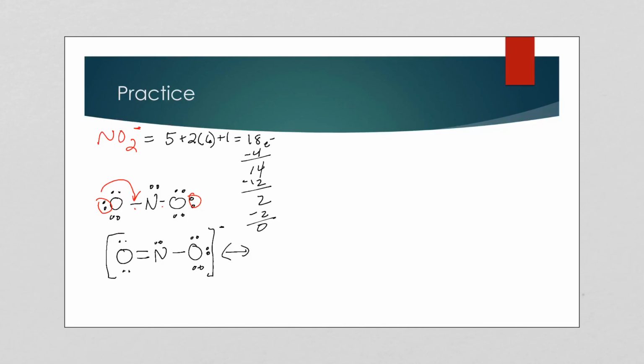Now I can draw the other resonance structure, which has the double bond on the other side. And so now we have our 2 resonance structures for this molecule. And again, the actual structure is some hybrid between them. But that's the idea of going through with resonance.